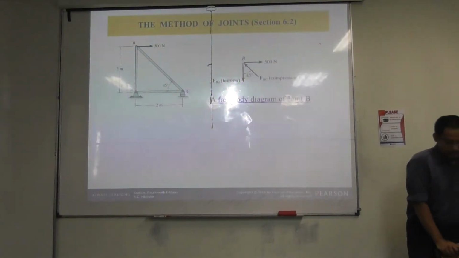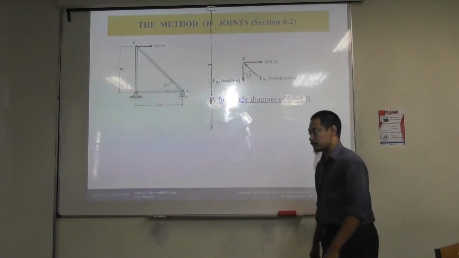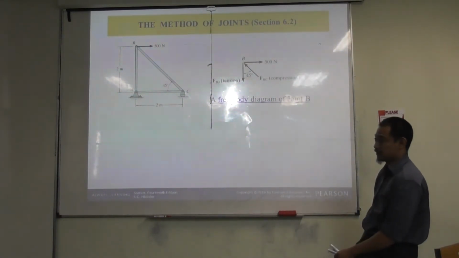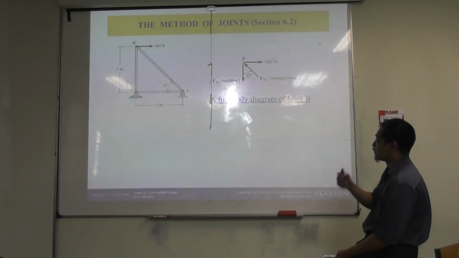So, method of joints. There are 2 methods in the textbook that you can find on how to solve for truss. We will only cover one in our syllabus. I'm not sure why. I think it is to make it simpler for the students.